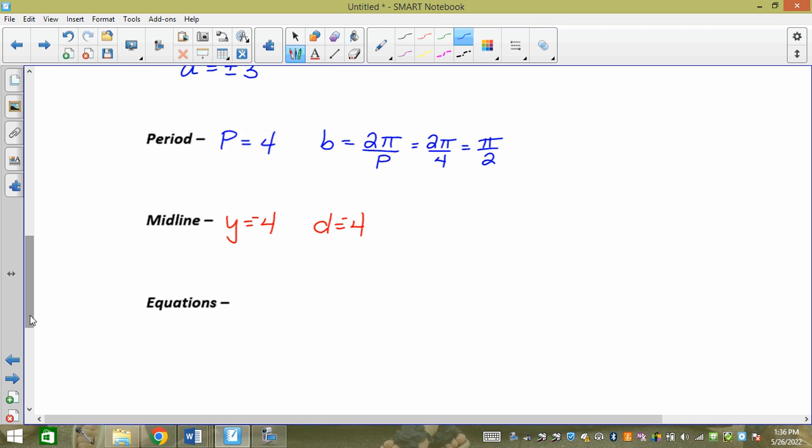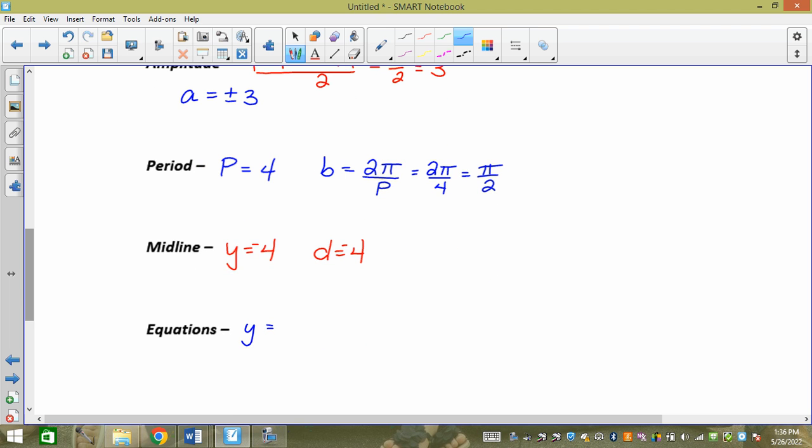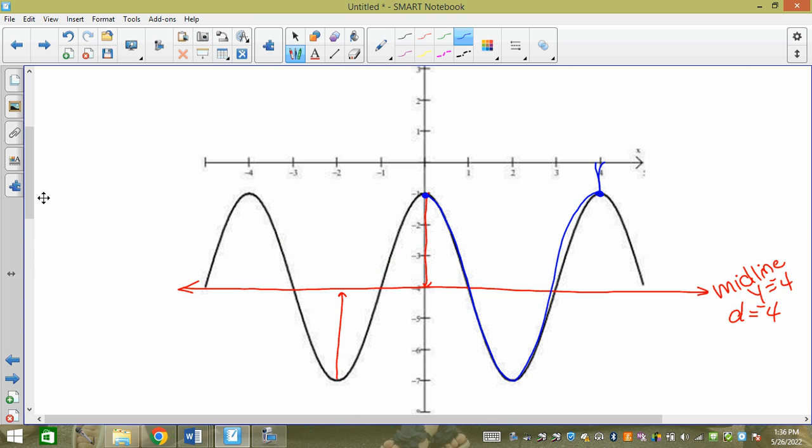So I'm going to go y equals plus 3 cos pi over 2 x minus 1. Okay, so we're going to look at the positive cos one. Where's my maximum? Huh?